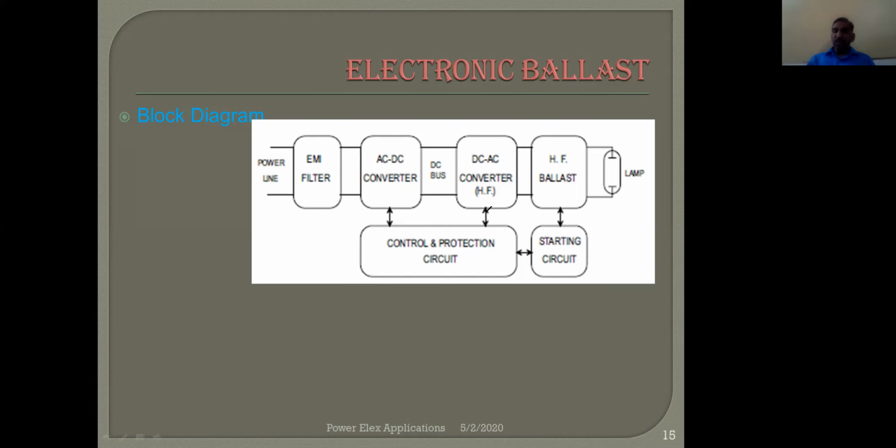And these are controlled using a control mechanism like a base drive or a gate control in case of MOSFETs. And these high frequency signals are fed to the electrodes as seen through the high frequency ballast. And these two are the electrodes. And in some cases, there is a capacitor starter which is required.